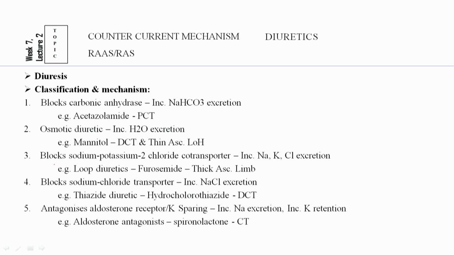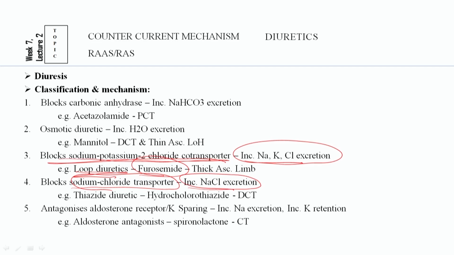Then the next mechanism blocks the sodium potassium 2 chloride co-transporter channel, which increases sodium potassium chloride excretion, as the name suggests. The example is the loop diuretics. The best example is furosemide, which acts on the thick ascending limb. Then next, it blocks the sodium chloride transporter. As a result, there will be increased sodium chloride excretion.